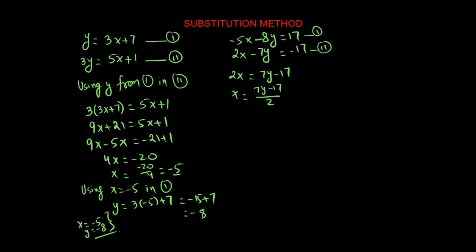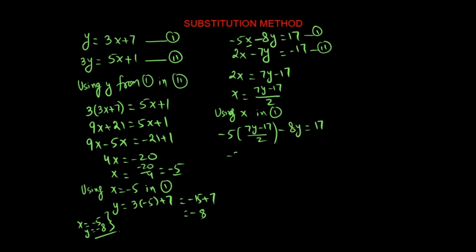So I will write using this x in equation 1. I have minus 5, and instead of x I will write this value, 7y minus 17 over 2, minus 8y equals 17.